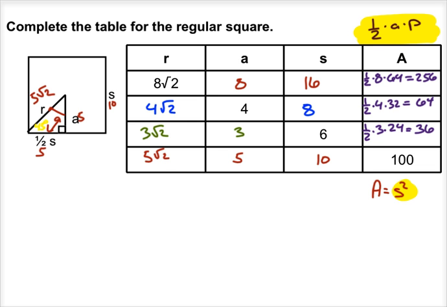So you could have, if you noticed, skipped doing 1/2 times apothem times perimeter, and you could have just said a side squared: 16 squared is 256. A side 8 squared is 64. A side 6 squared is 36. So we do have multiple ways to get to answers, so you do have some options when you get to some of these shapes.